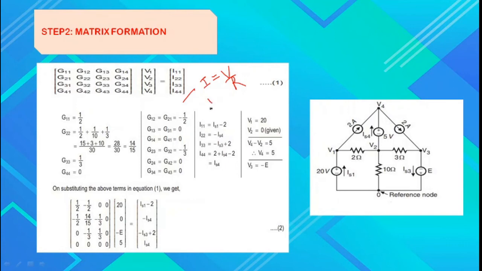This 1 by R is nothing but G. The inverse of resistance is nothing but conductance.